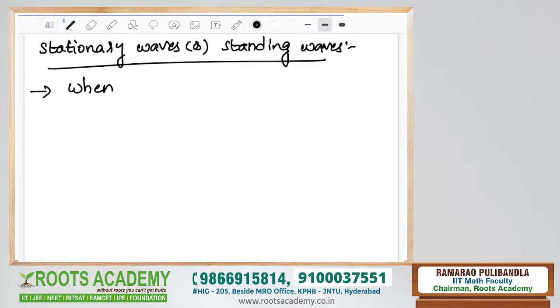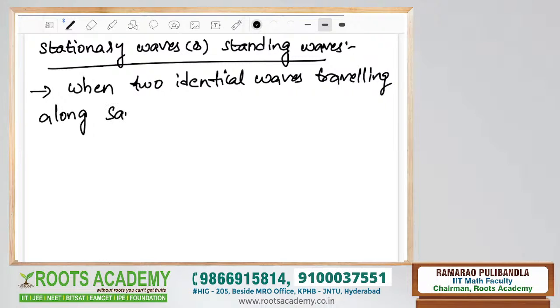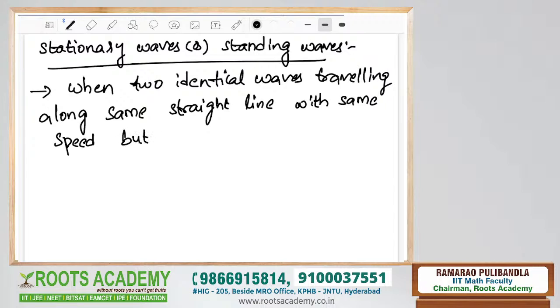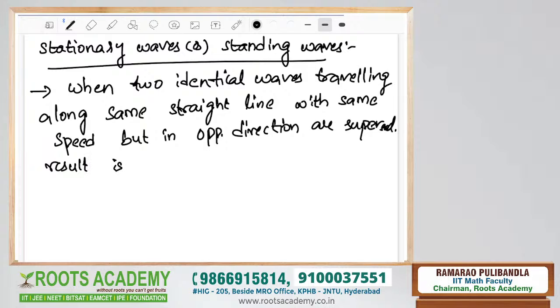So when two identical waves are traveling along the same straight line with the same speed but in opposite directions and are superimposed, the resultant wave is a stationary wave or a standing wave.